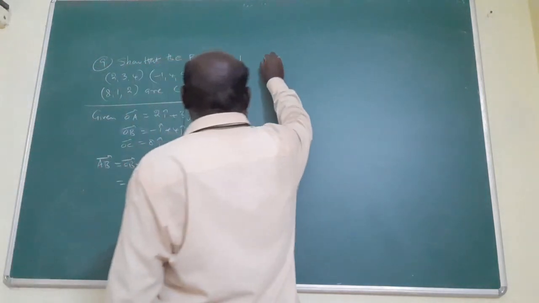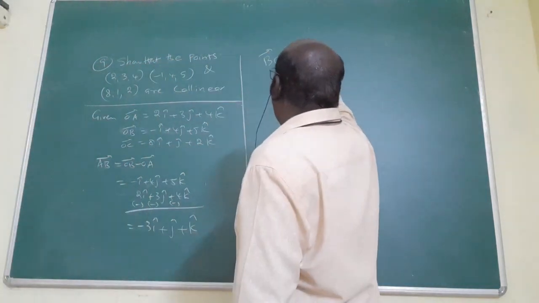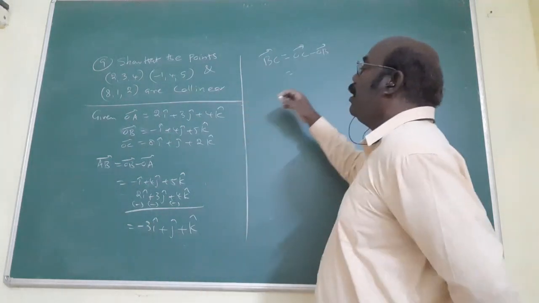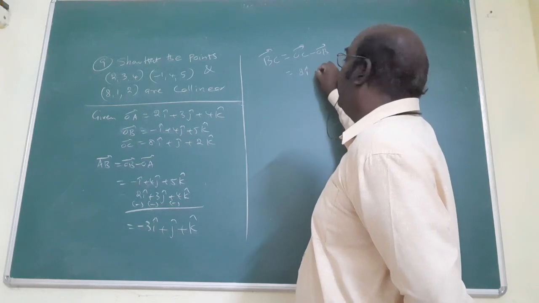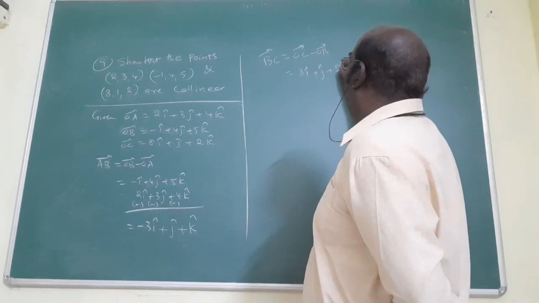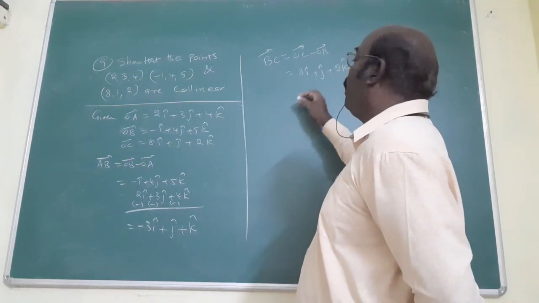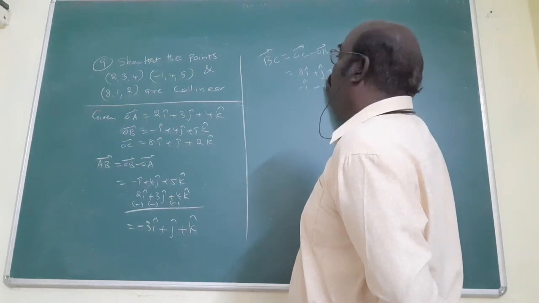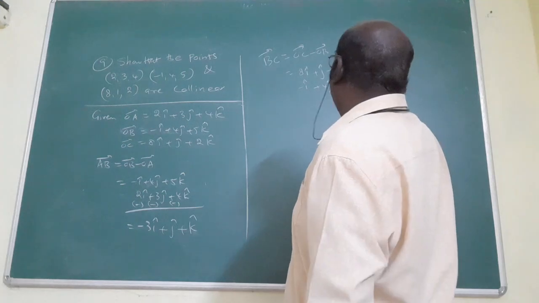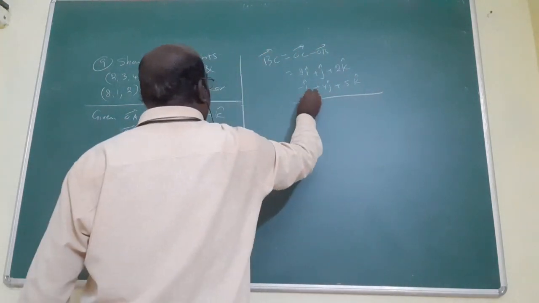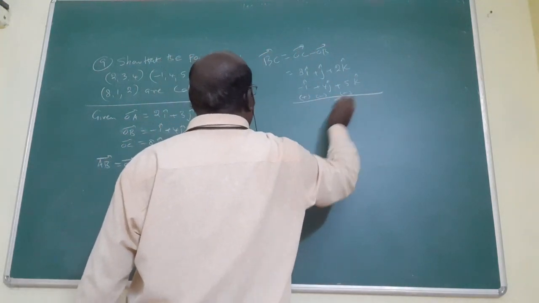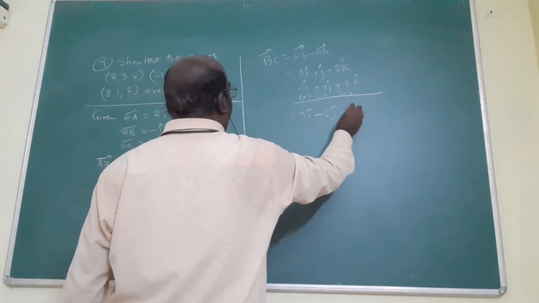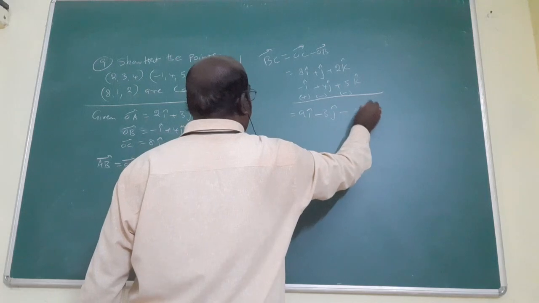Now next BC vector, OC minus OB. OC is what? 8 i cap plus j cap plus 2 k cap. OB is what? Minus i cap plus 4 j cap plus 5 k cap. Change the sign: minus plus 7, minus 7. 9 i cap minus 3 j cap minus 3 k cap.